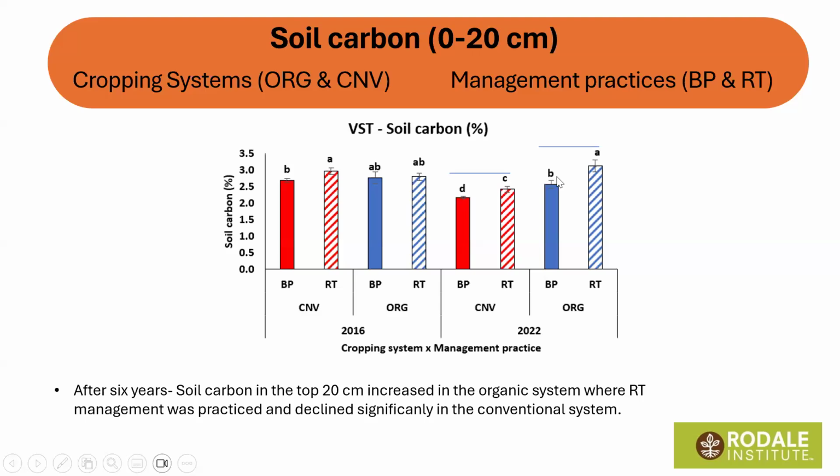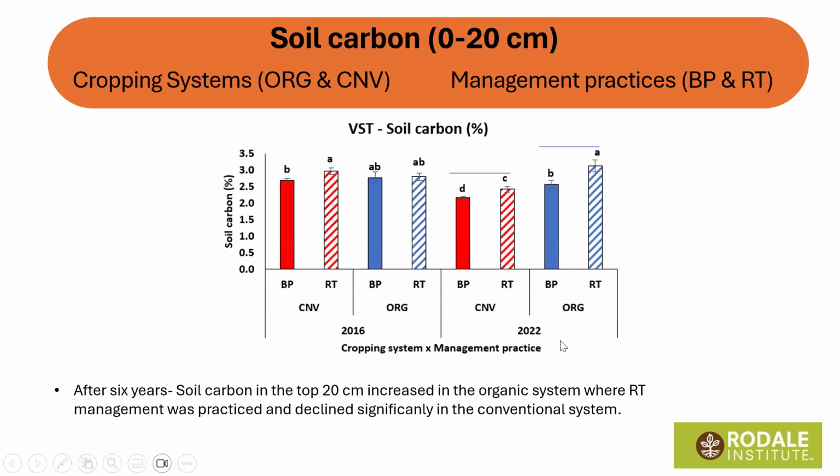And then when we compare soil carbon to 2022, we could see a major decline in soil carbon in the conventional. You could see that decline happened in the reduced till and more in the black plastic intensive tillage.